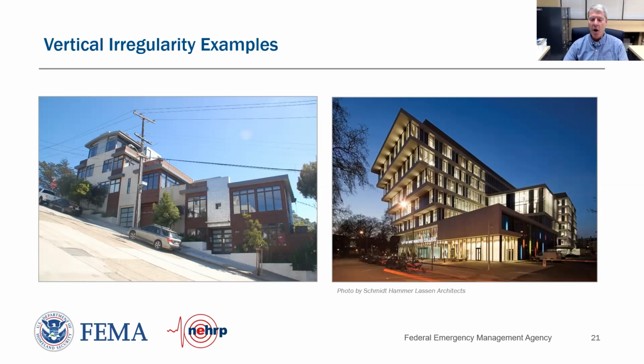We don't count for all of them at the same time on a level 1 screen. Now, if you were to do a level 2 screen, the design professional that would be doing it does account for all of them at the same time, but the scoring's different. But in a level 1, we just take the most severe. So if it's a severe vertical irregularity, that's the score we use, not both.